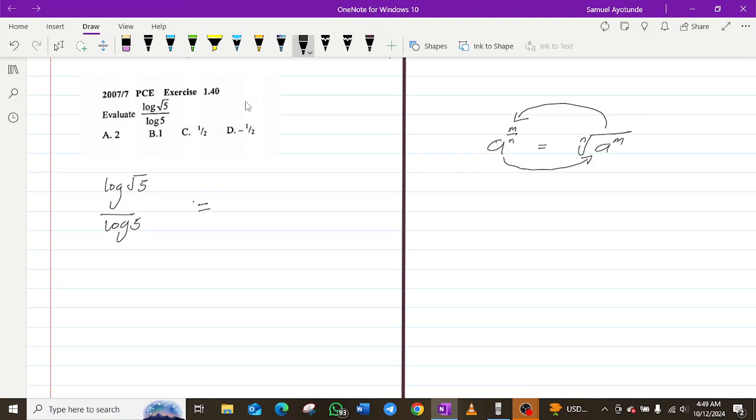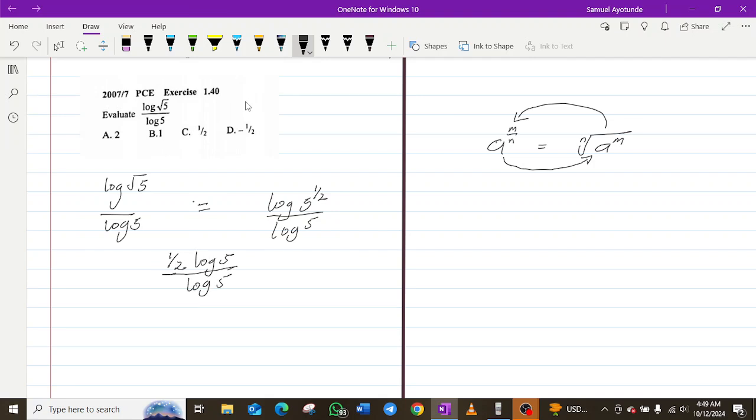So we have log of 5 raised to power 1 over 2. So 5 raised to power 1 over 2 is the same thing as square root of 5, divided by log 5. So after this simplification, the power can turn to coefficient. That's 1 over 2. So we have 1 over 2 log 5, all divided by log 5.